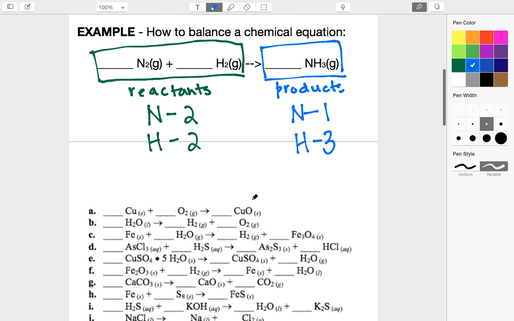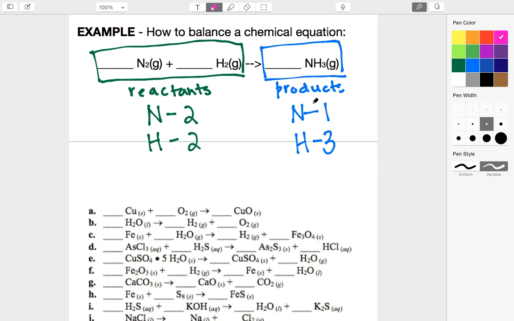So we need to balance this chemical equation by adding numbers to the coefficients, right? Because when I change the numbers of the coefficients, it tells me how many molecules I have of each, and that way I can make both sides equal. So let's start doing that. Let's pick a different color. Let's do pink. Here I'm going to start with nitrogen.